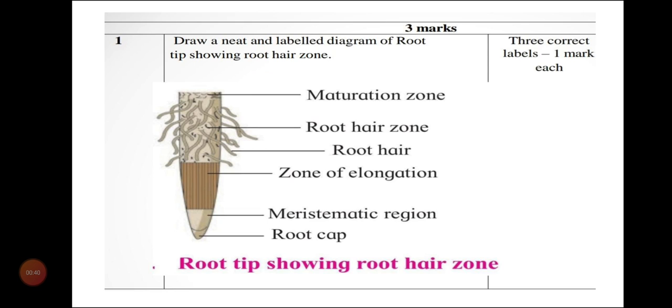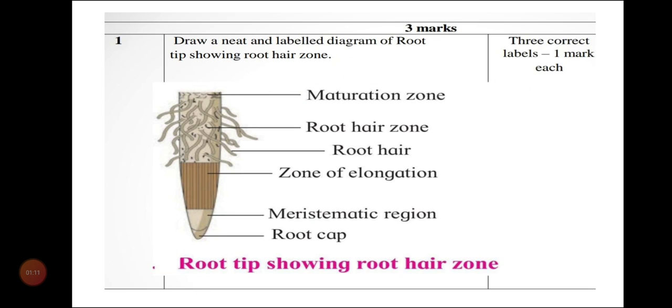The first question for 3 marks given in your question bank is: draw a neat and labeled diagram of root tip showing root hair zone. For this question, you have to draw this diagram, and in this diagram you have to do these labelings: root cap, meristematic region, zone of elongation, root hair zone, maturation zone.